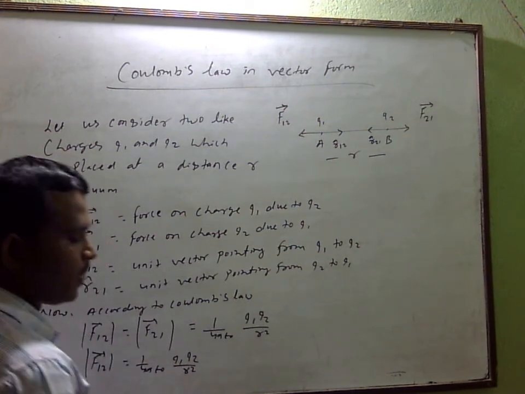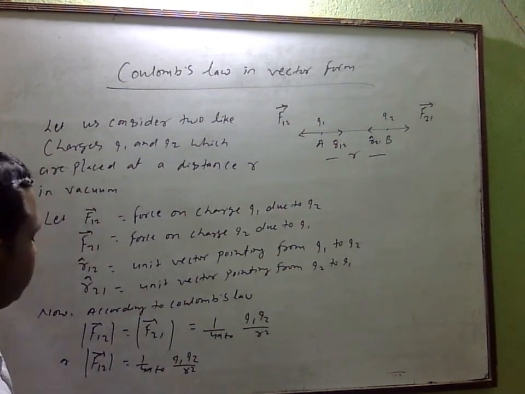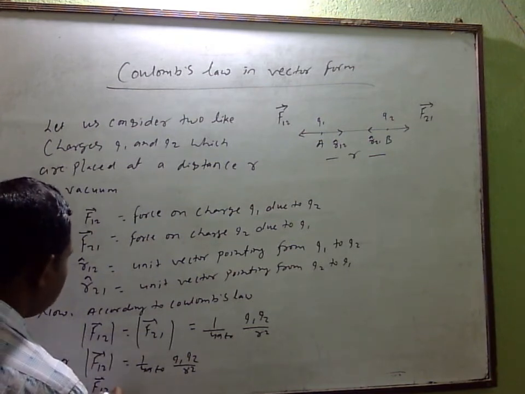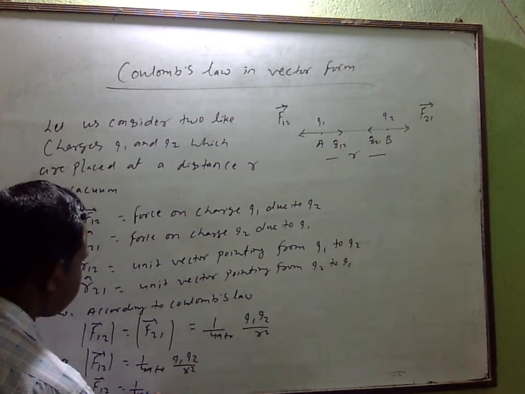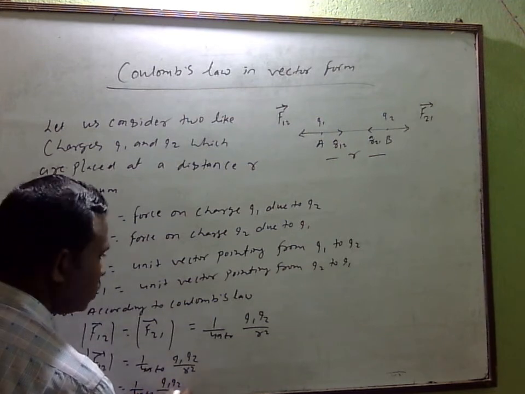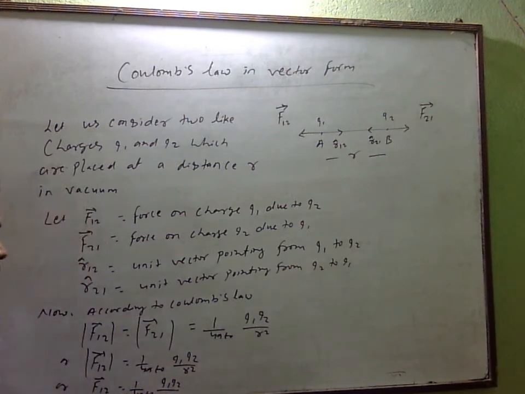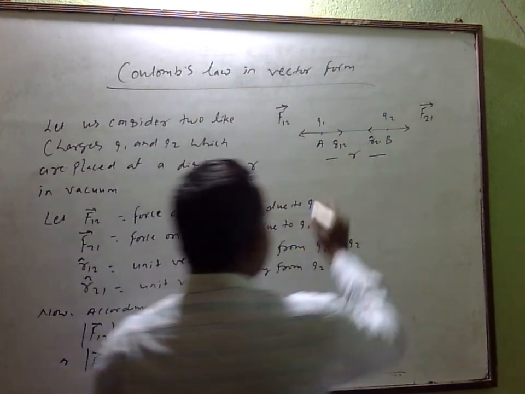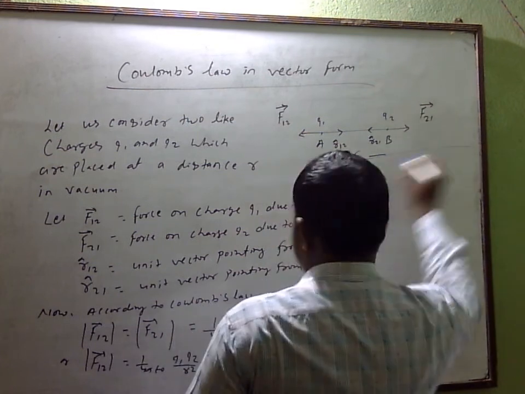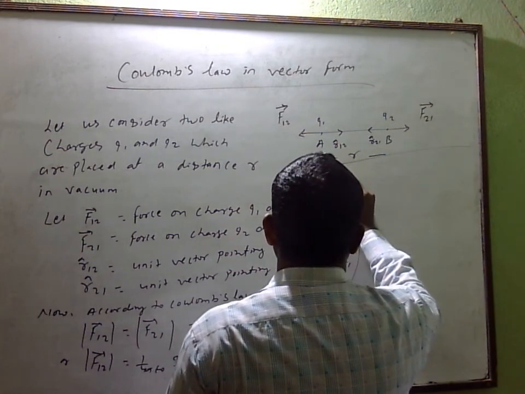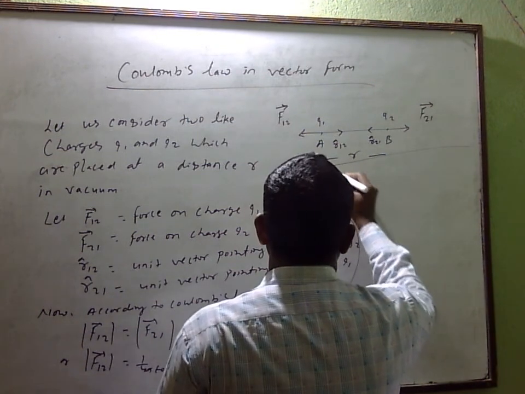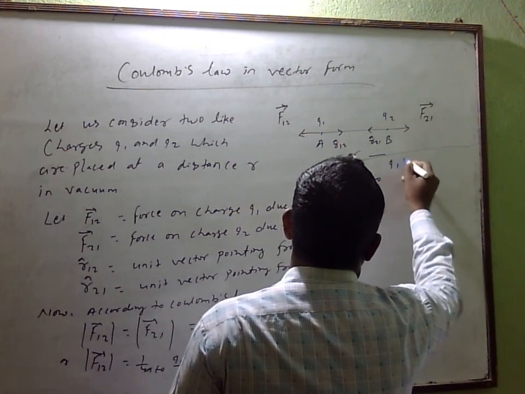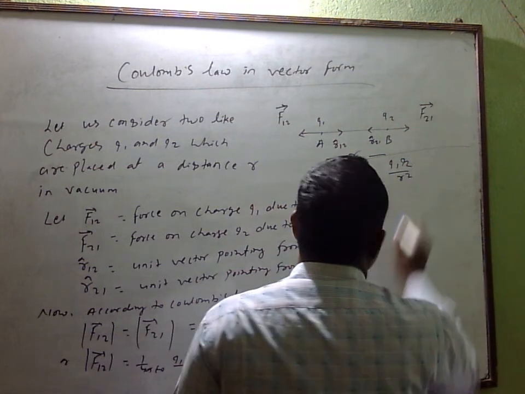Also, by removing the mod, you can write F12 equal to 1 by 4 pi epsilon naught Q1 Q2 by R square. Are you able to see? No. Okay, I will erase here and write upwards.